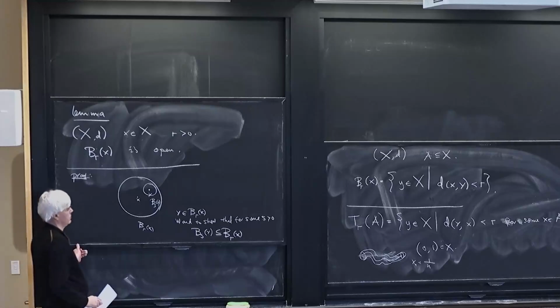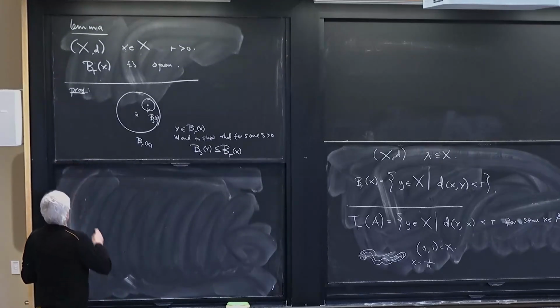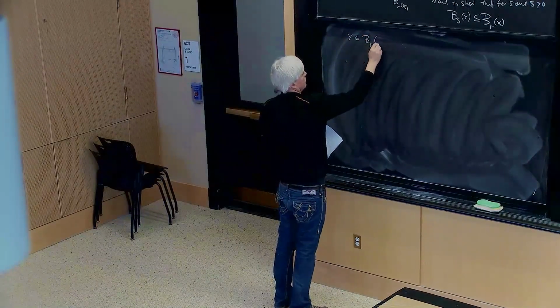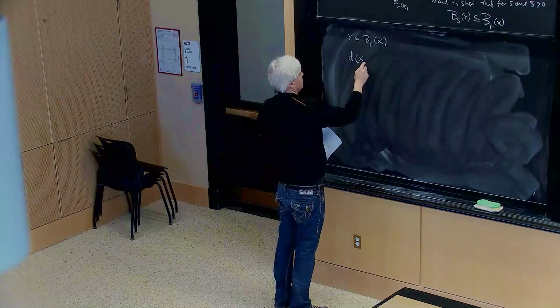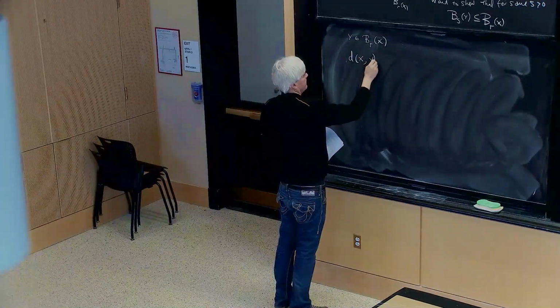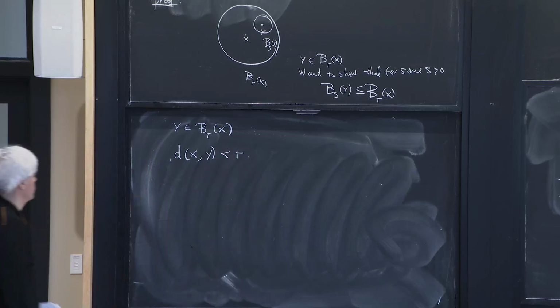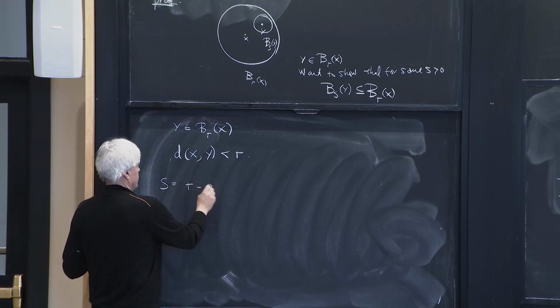And again, this is going to rely on the triangle inequality. Y was supposed to be in this ball, which means that the distance from x to y is strictly less than r, right? You take s here to be r minus this distance.